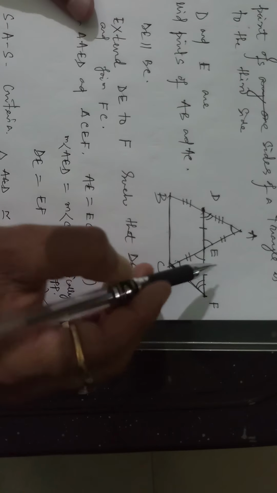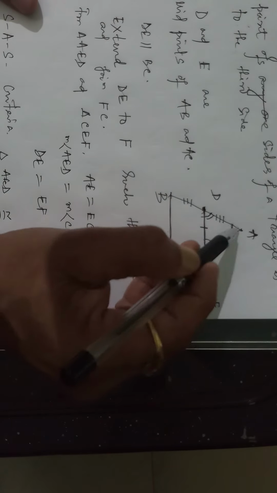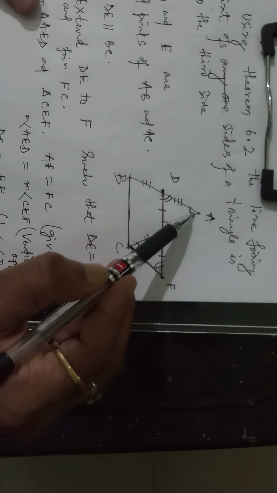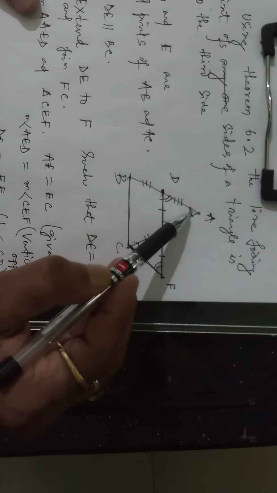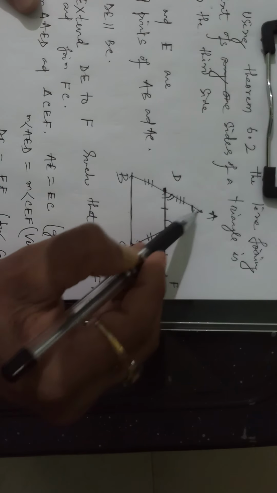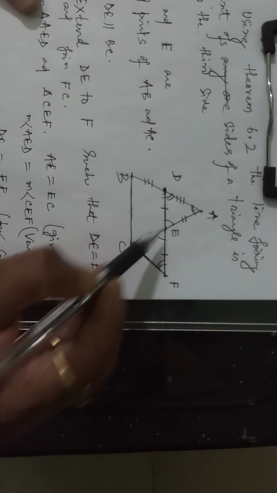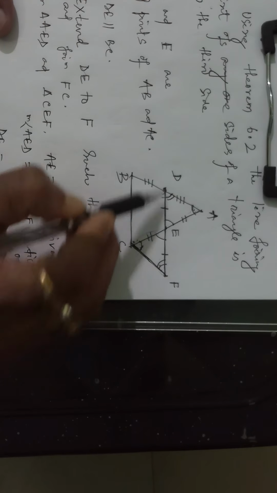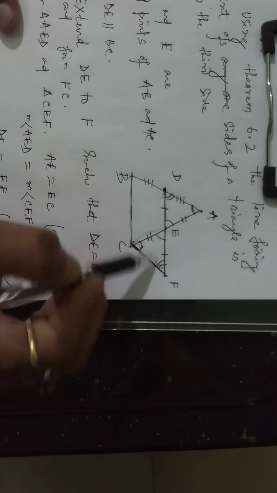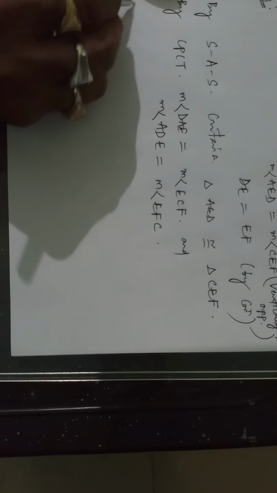That means this is an alternate angle, and this is also an alternate angle. Because if this is a transversal, you see the figure, ADB is a straight line, line AB, and AC is the transversal with FC. If these two angles are equal, then this pair is an alternate pair, also D and F are alternate pairs. If alternate angles are equal, then the lines are parallel.